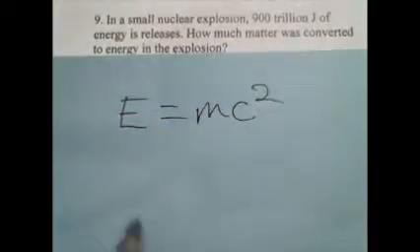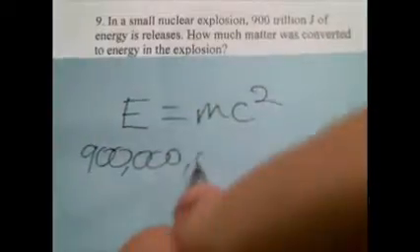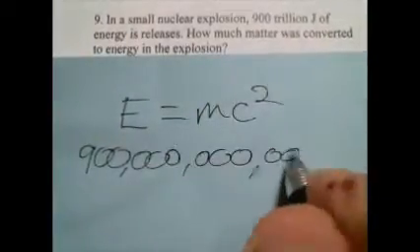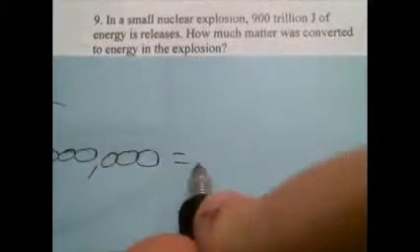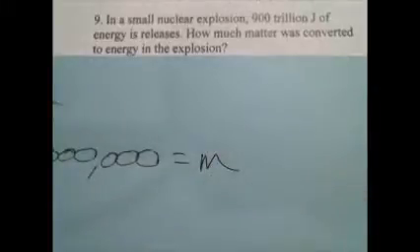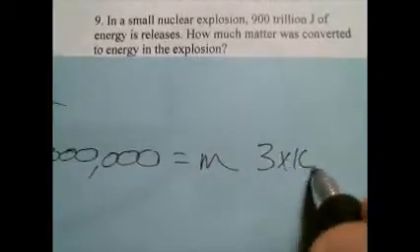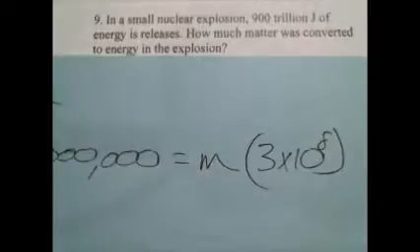The E is the 900 trillion, equals the M that we're trying to figure out, and then the speed of light, 3 times 10 to the 8th, and we have to square that.